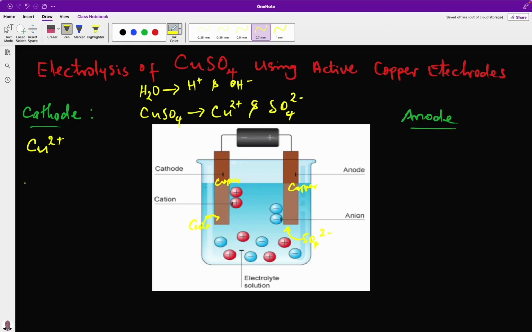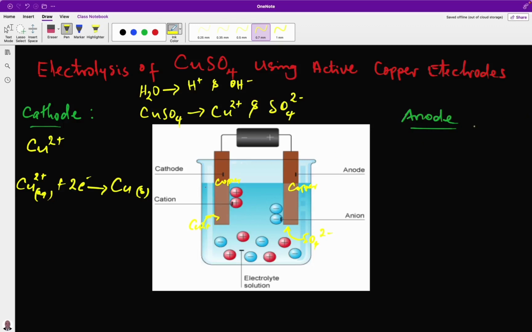Copper aqueous plus 2 electrons gives copper solid. The copper ion will get electrons to be deposited as the copper metal at the cathode.